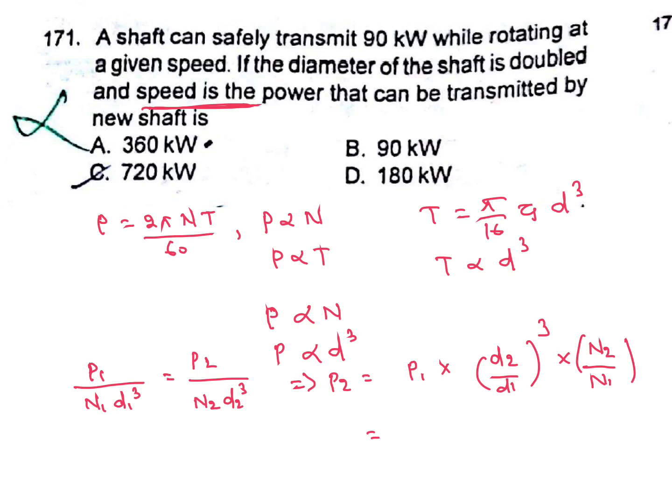This is 90 into d2 is doubled, so 2 cube, it's 8 into, here something is missing, n2 by n1, you will get 720. But the official answer is A. If this value is 1 by 2, then you will get that answer.